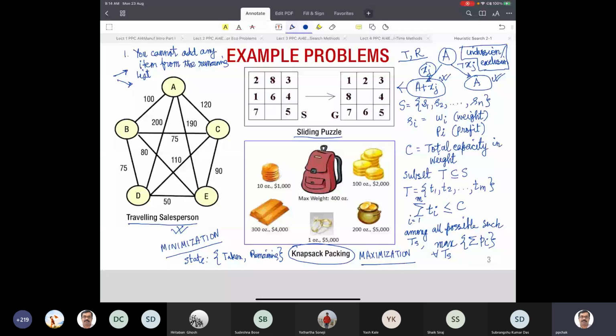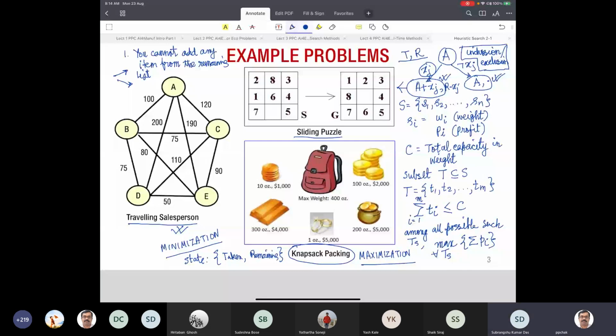So here this will contain A plus Xj and R minus Xj, and the right hand side will be A, and what will be the remaining set? Again R minus Xj, correct? Yep. Again R minus Xj.